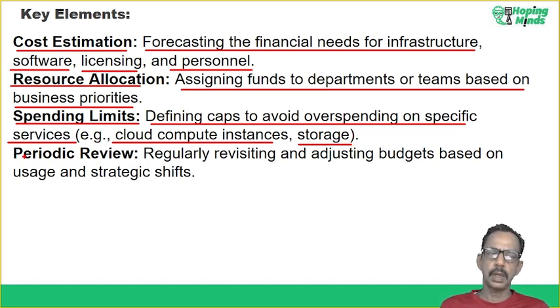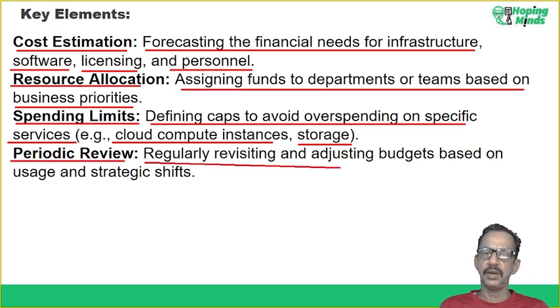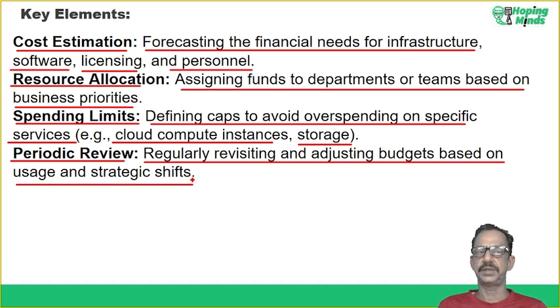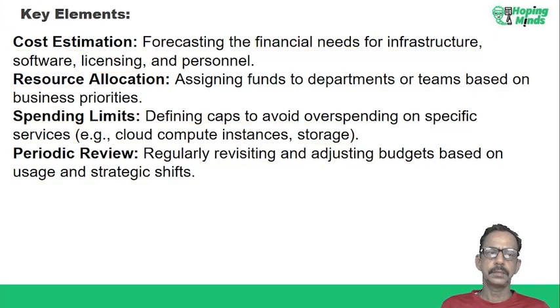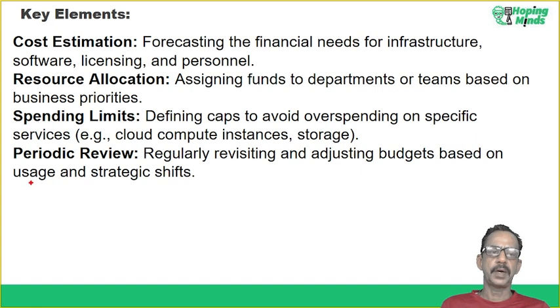And we should do a periodic review, regularly revisiting and adjusting the budget based on usage and strategic shift. These are the key elements of budgeting: cost estimation, then proper resource allocation, then setting the limits, and then doing the periodic review, to check whether whatever we have set is within the limit or not.